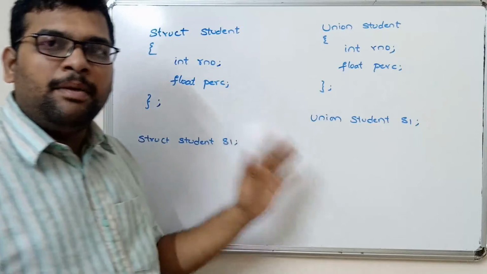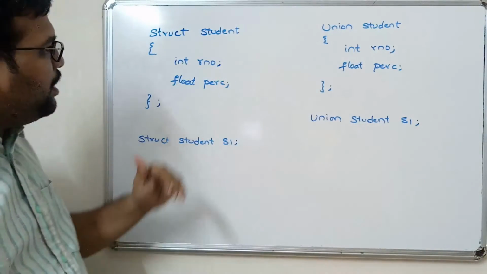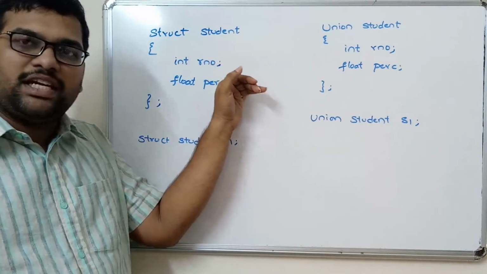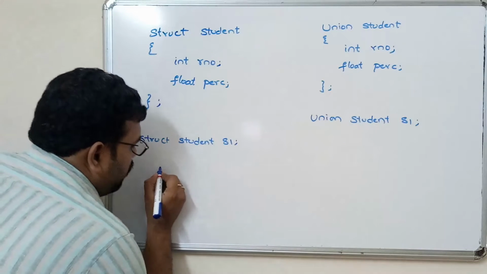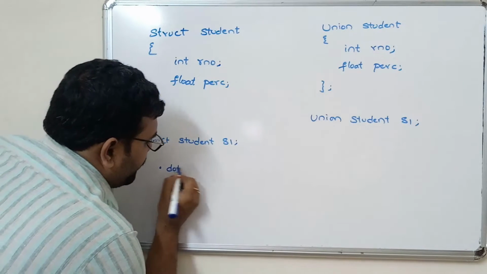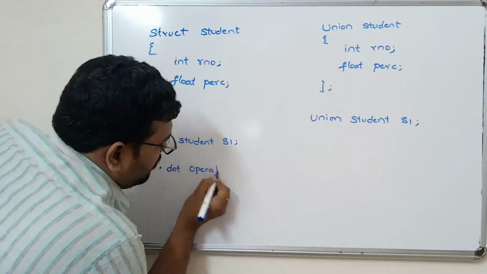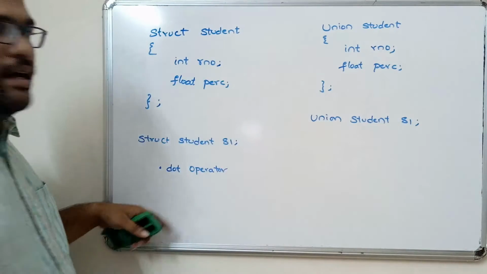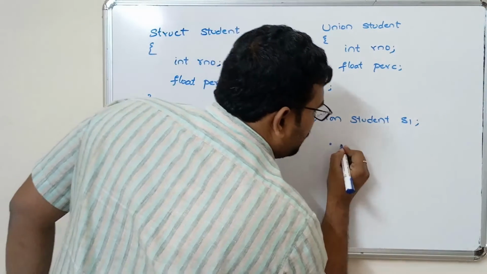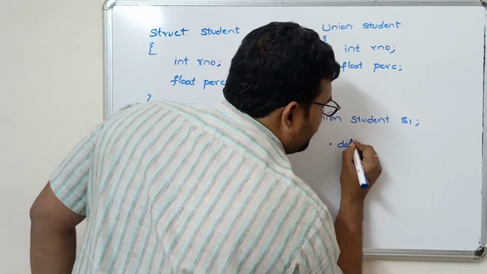How to access the members of a union variable? First of all, how do we access the members of a structure variable? By using the dot operator. Here also we will use the dot operator.